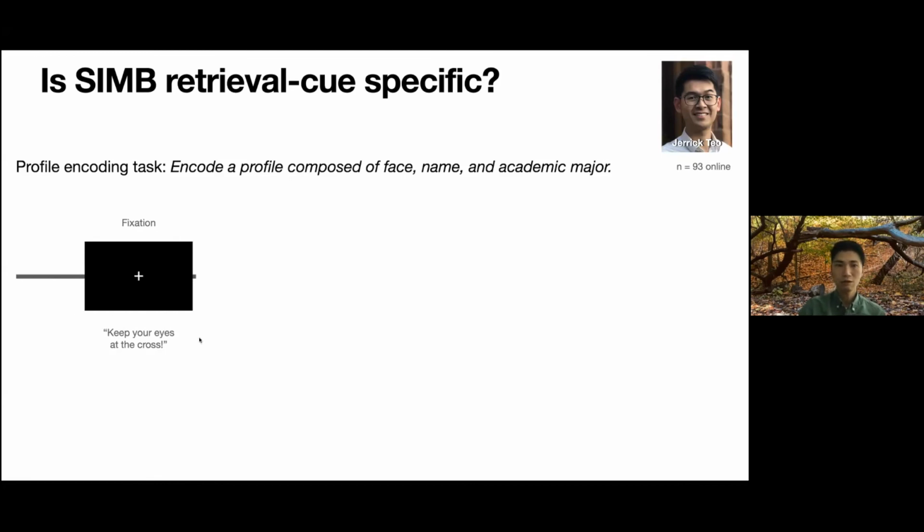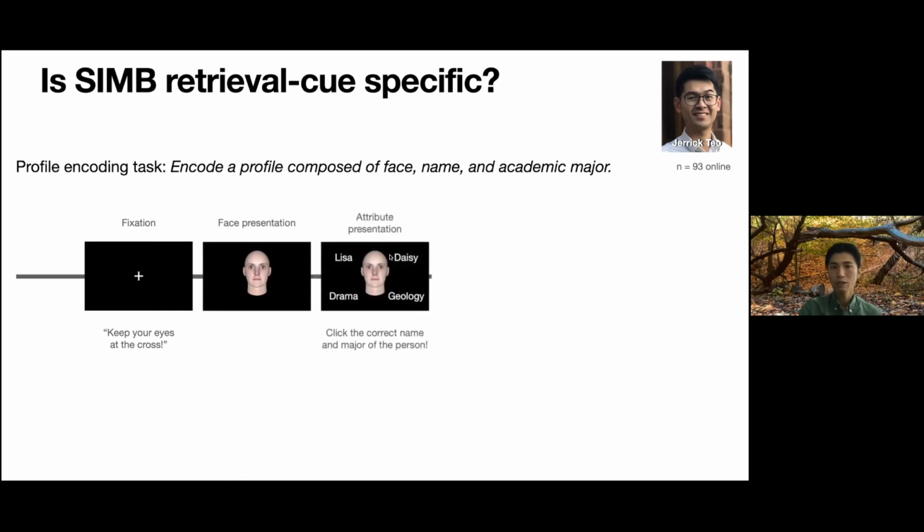To do that, Jarek asked participants to encode something called a profile. A profile consisted of a human face along with two attributes, the name of the face and the academic major that this face studies. So we first present a face along with two pairs of attributes, one pair of names, one pair of majors.